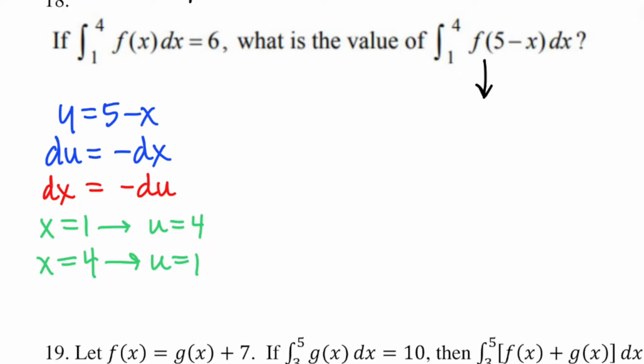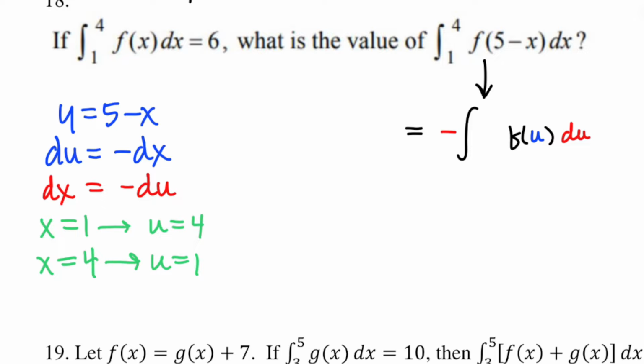So I'm still integrating, and there's still an f. I haven't really changed anything about that. I don't really know what I would do with it. But that 5 minus x has become a u. And then the dx is a negative and a du.